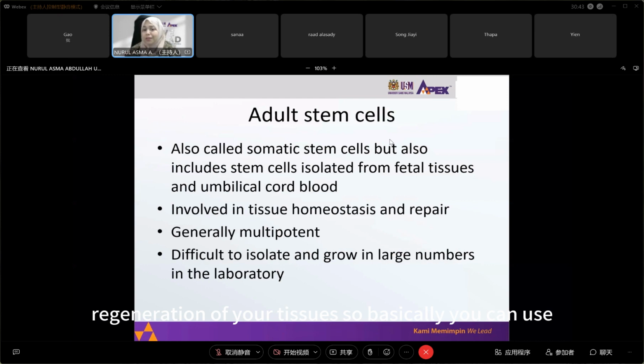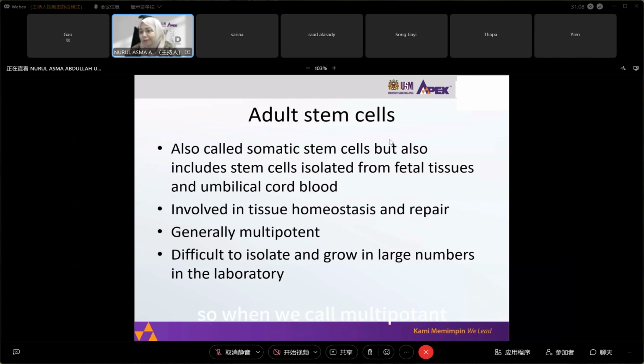So basically, you can use this kind of stem cell source to repair your injured tissue. These adult stem cells are also involved in tissue homeostasis and repair, as I mentioned just now. They are generally multipotent.